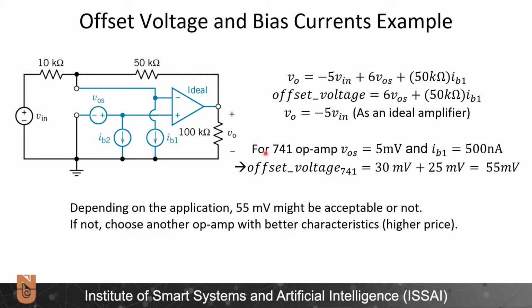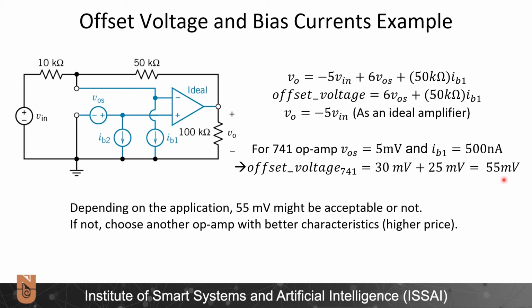For a type 741 op-amp, we have VOS as 5 millivolts and IB1 as 500 nanoamperes. Accordingly, the offset voltage for 741 op-amp for this specific topology will be 30 millivolts, which is 6 times 5 millivolts, plus 50 kilo ohms times 500 nanoamperes, 25 millivolts.